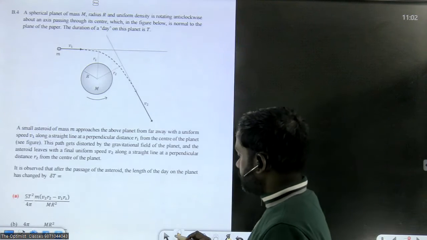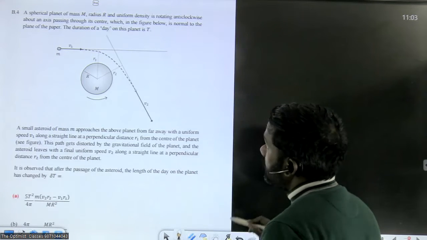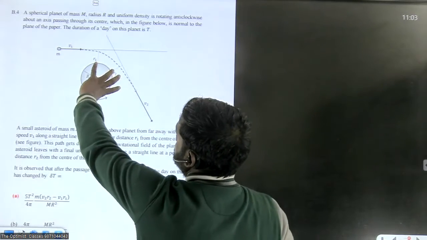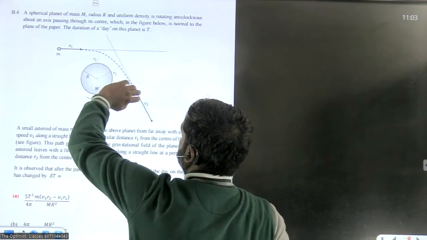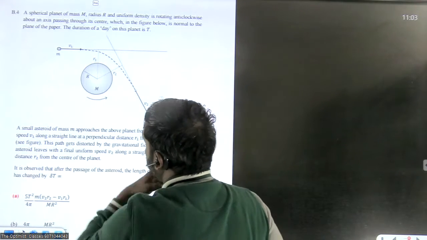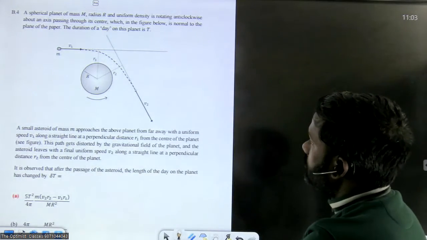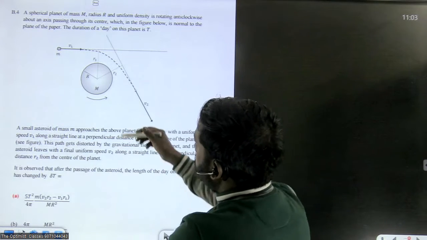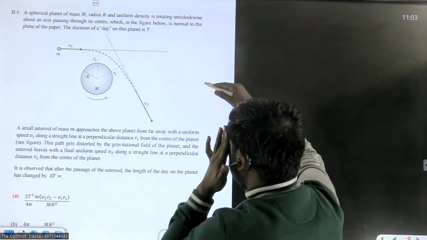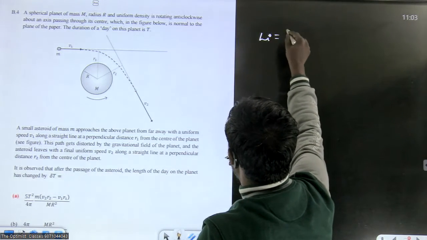Now this one says there is a particle coming, and this is a spherical planet, and because of the interaction, the time period of revolution of the planet changes. You can read the question. What I'll do is apply conservation of angular momentum here: L initial equals L final.